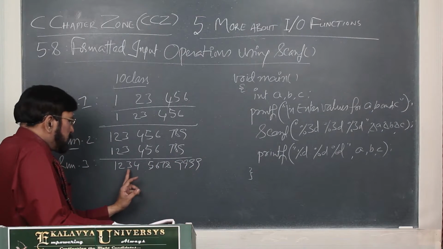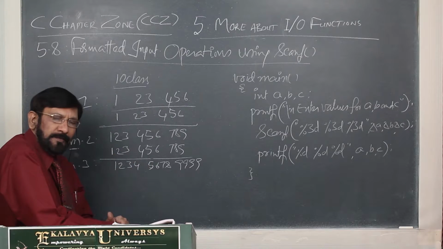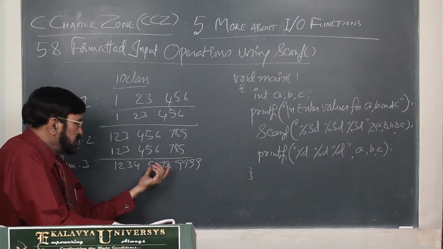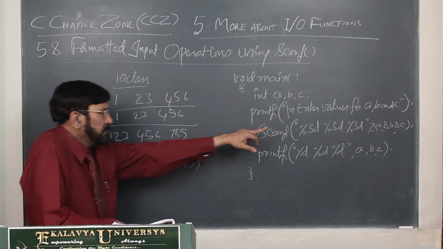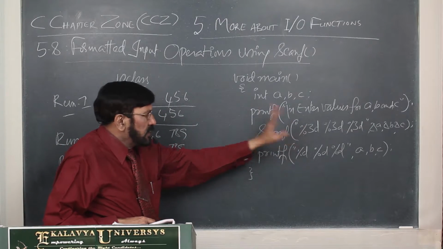That means for all 3 values we have given 4 digits. That means we are violating the width specifier 3 in the conversion specifier.